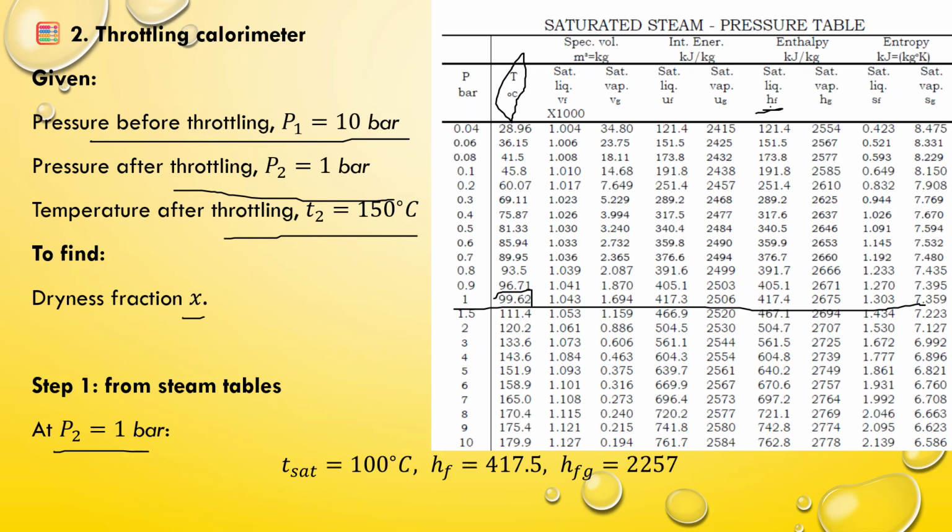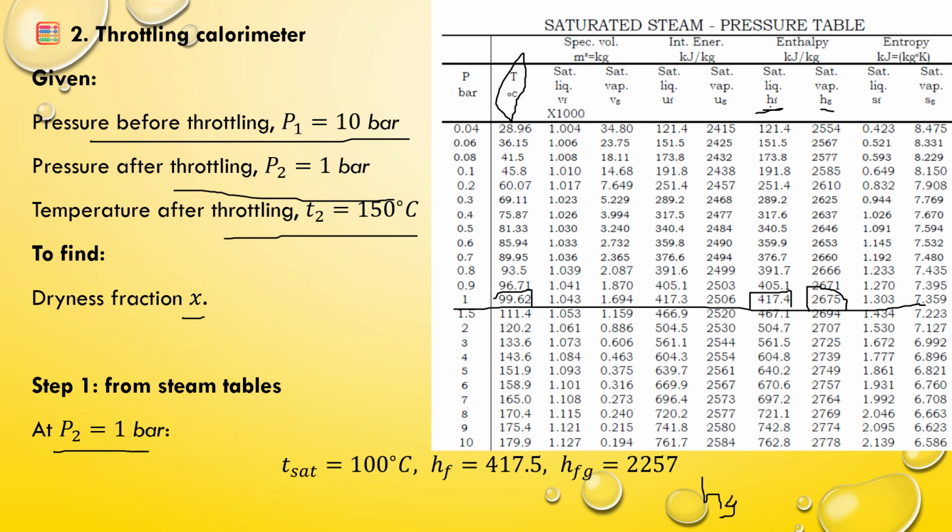It is 417.4 or 5. Here saturated vapor enthalpy is given, 2675, Hg value is given. So from that you can find out HFG, because HFG, what is that? That is Hg minus HF.